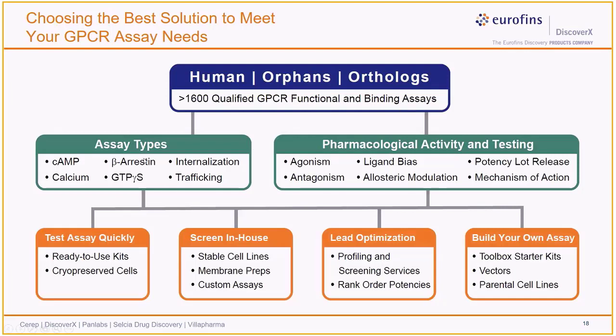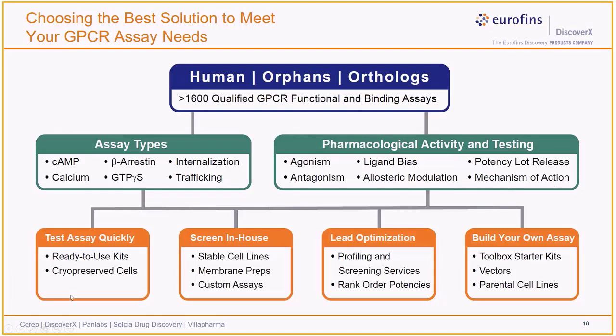You want to know the different assay types: cyclic AMP, GTP gamma S, internalization, whatever you're focused on. Then you want to determine, am I looking at agonists, antagonists, or both, looking at some kind of a ligand bias study, looking at PAMs and NAMs for allosteric modulation. Maybe you're focused at the end stage of your clinical trials, or preclinical trials, potency, lot release type of studies, or focused on the mechanism of action of your specific therapeutic.